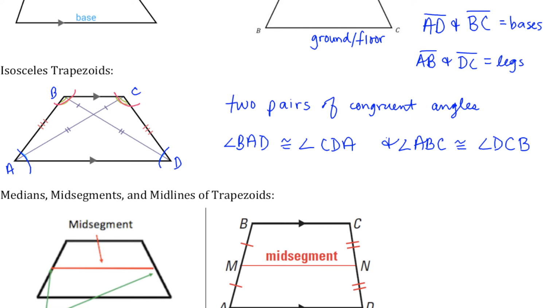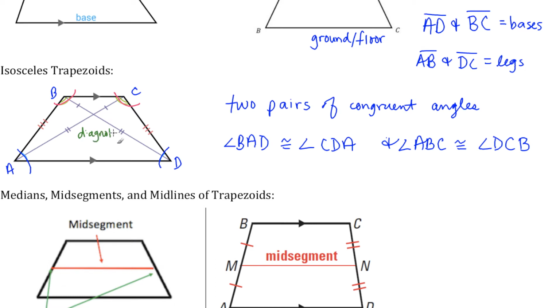Also, do know that these 2 little angles, this isn't an angle bisector, so this part is not congruent to this angle. Angle BAC is not congruent to CAD. These are not bisectors. These are called diagonals.